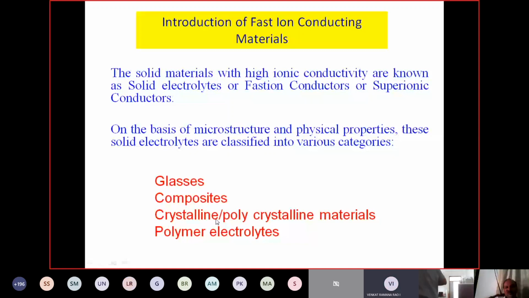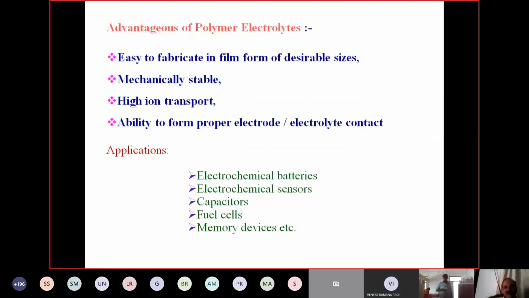So why polymer electrolytes? What are the advantages? Mainly, they are easy to fabricate into film form of desirable size, that means thin films of whatever size we require.